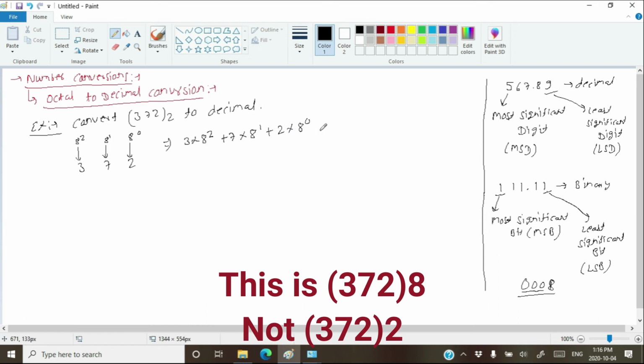This is how you will get 3 into 64 plus 7 into 8 plus 2 into 1, which is equal to 250 in decimal. That means you can say that 372 in octal is equal to 250 in decimal.